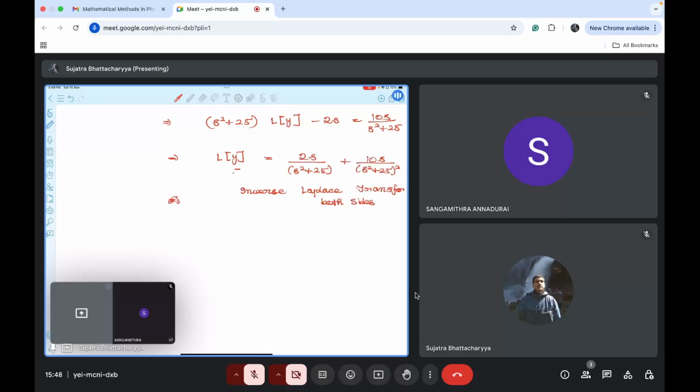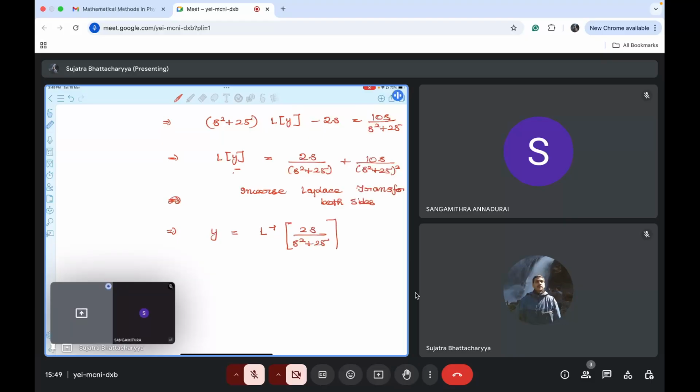That's all. This is the simplicity of using Laplace transform to solve ordinary differential equations. So we will do that. So on the left hand side, it will be y only because L inverse L of y is y. On the other side, you have L inverse of two functions, 2s upon s square plus 25.